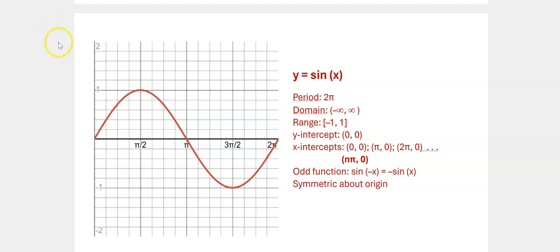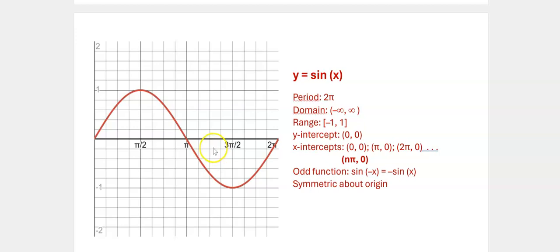We see that its maximum point is going to be at 1, and its minimum point is going to be at -1. That's in the y values. So its range goes from -1 to 1. Its domain is infinite, or all real numbers, as we saw on the previous graphs.